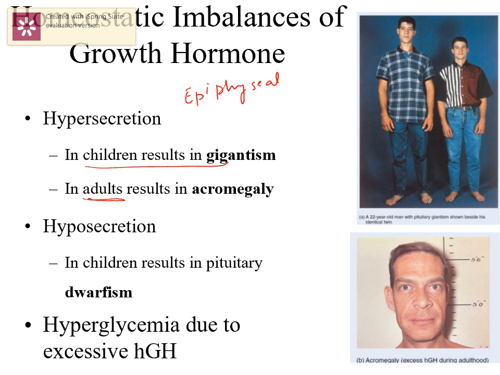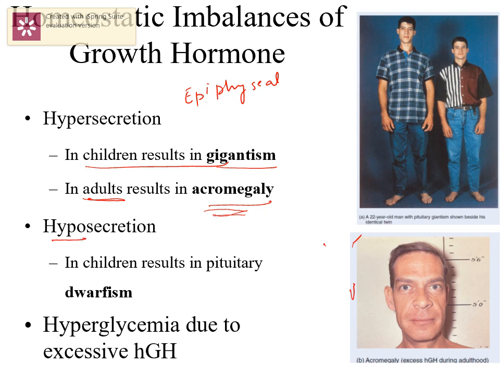So if the epiphyseal plates have already closed, excessive growth hormone causes the bones of the hands, feet, and face to grow, whereas other bones of the body remain normal. Okay, so the person ends up having a long torso, but really short, stubby hands and legs. So this is called acromegaly in adults and gigantism when it affects children.